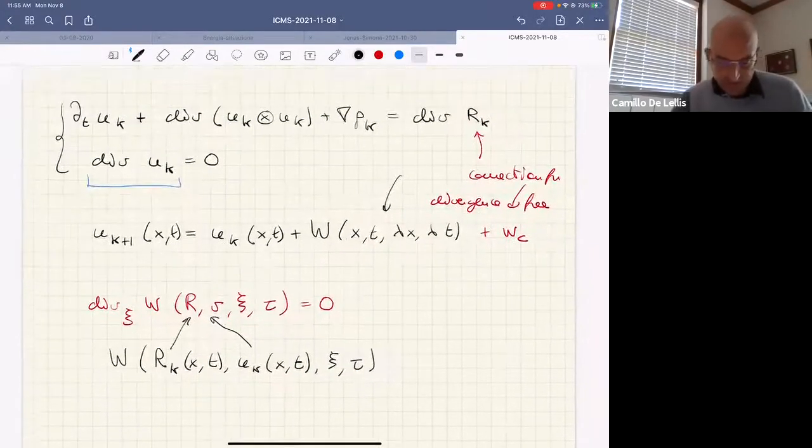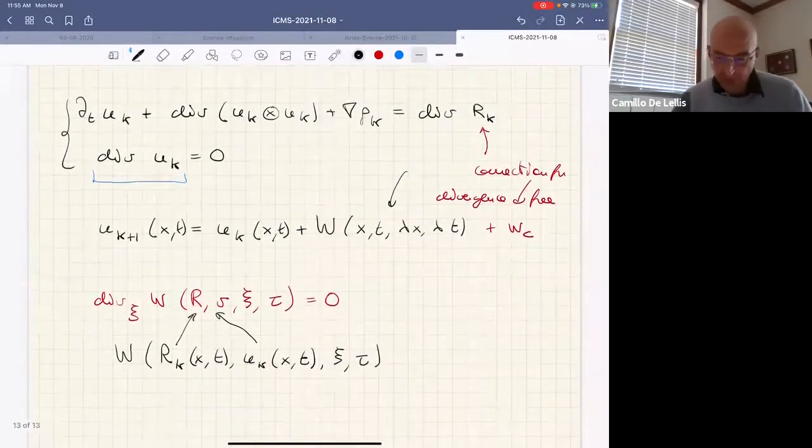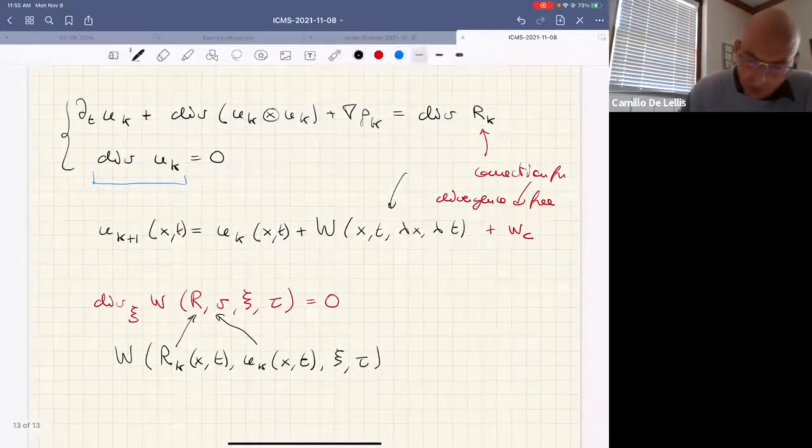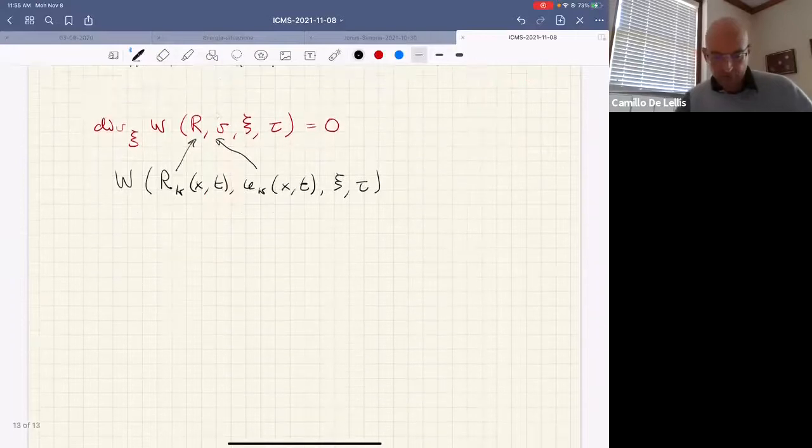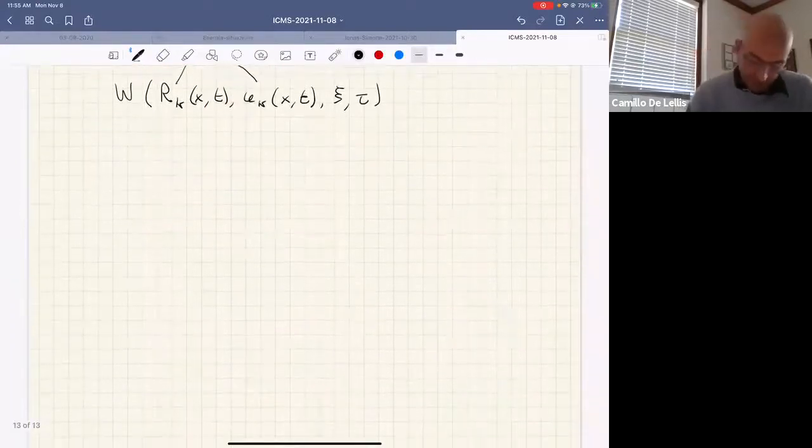Okay, and now let me see what I really want to achieve. RK will be computed later on. RK plus 1 will be computed later on as our error from being a solution. So let us focus on the main part of the equation.